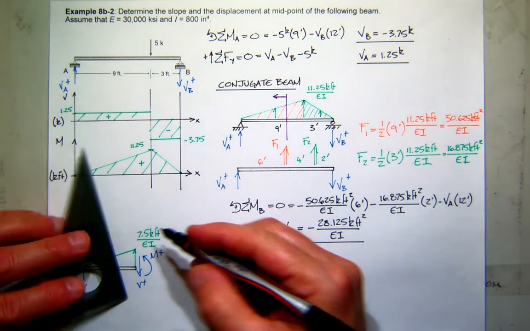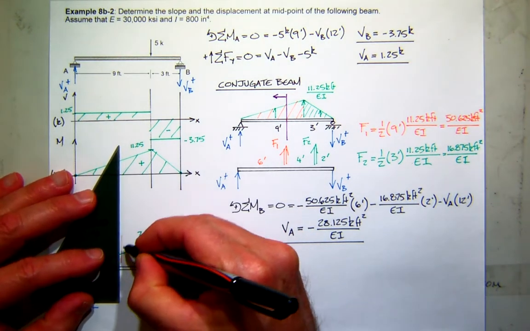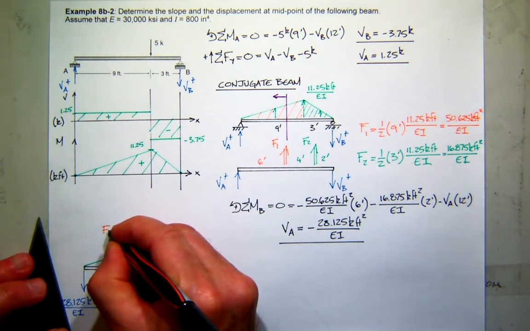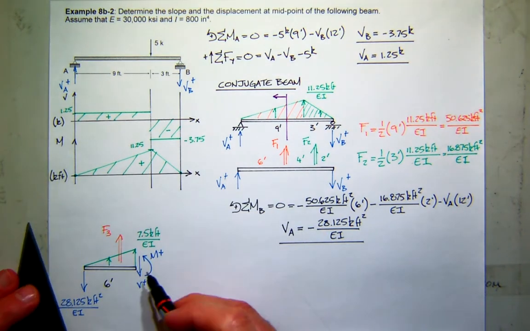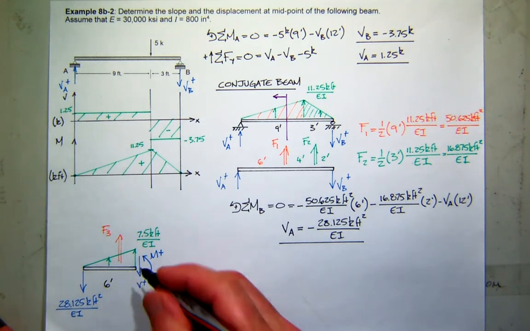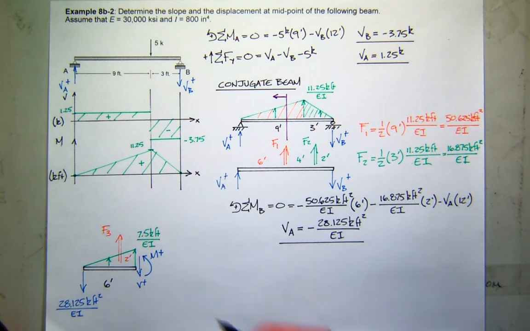So to make things easier, I'm going to, again, convert this to a concentrated equivalent. I'll just call that F3. And from the cut to the centroid is what? 1/3 the distance? And 1/3 of 6 is 2 feet.